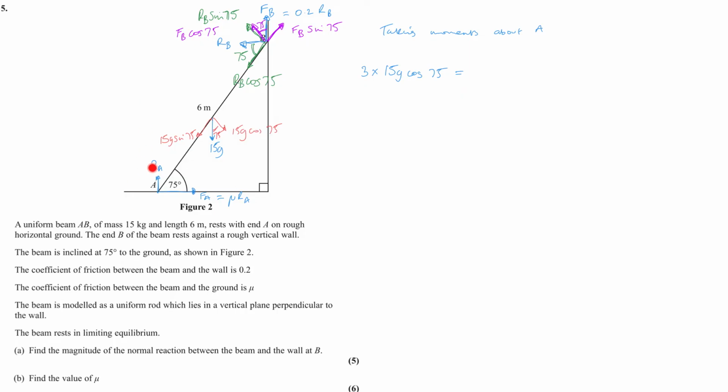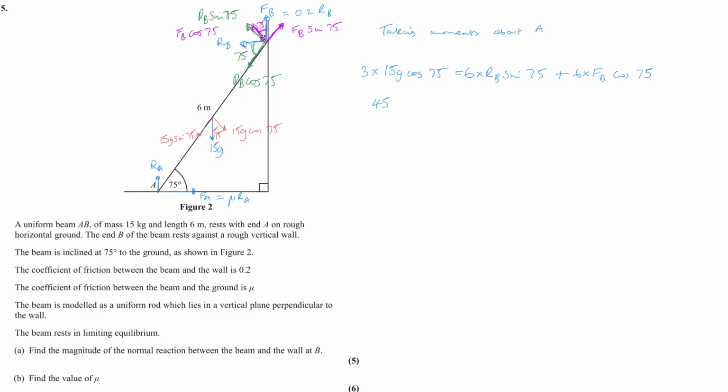Now going anti-clockwise, in green is going to be RB sine 75, and that is 6 away from A, so times by 6, plus, and then in purple is FB cos 75, and again that is times by 6 because it's 6 away.